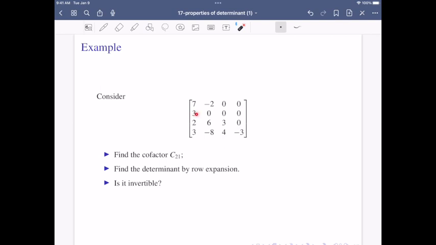If we look at the second row, then we have 3 entries given by 0. A 0 multiplied by anything makes 0, so this makes your computation easier. So we're going to expand the determinant using the second row.